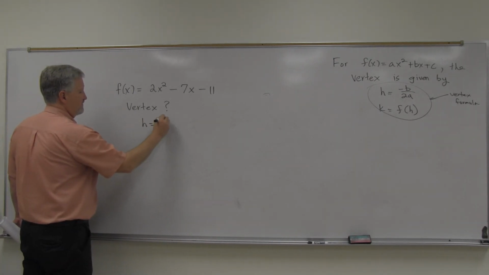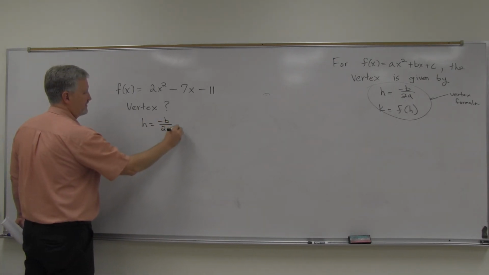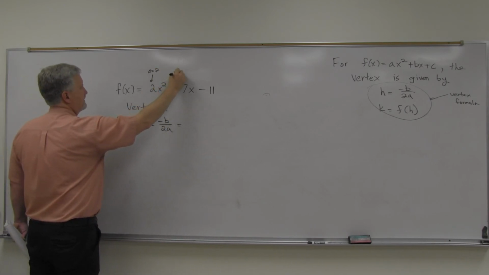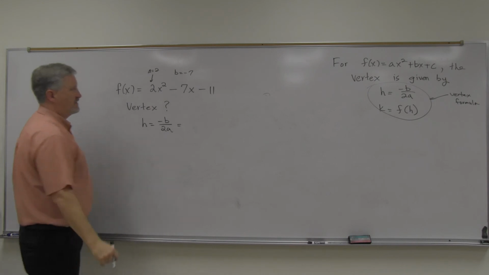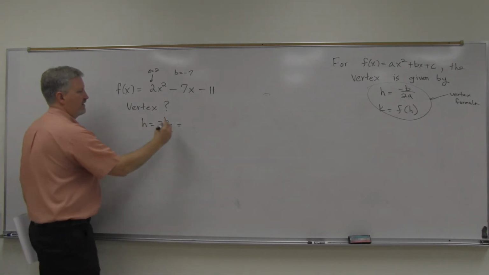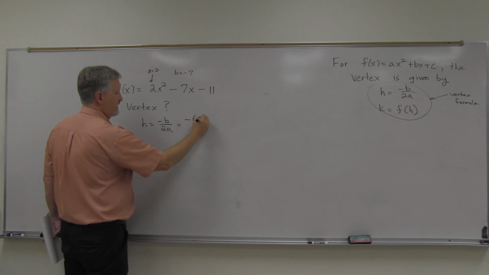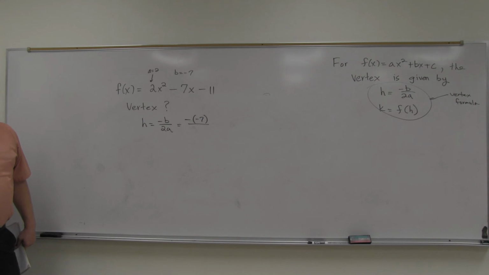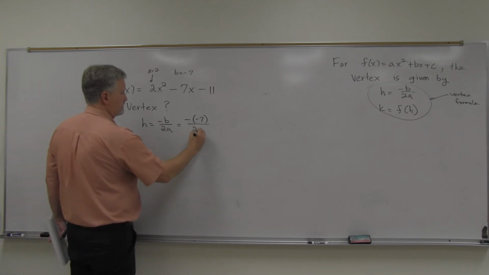h equals negative b over 2a, which in this case we've got a is 2, b is negative 7. And so the negative b means the opposite of b, or if you want to write it out, what I've got here is negative of negative 7. So negative b is actually going to be positive 7, because of the double negative. 2 times a, so it'll be 2 times 2.